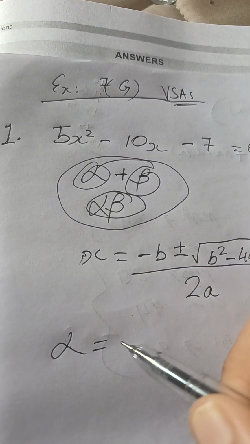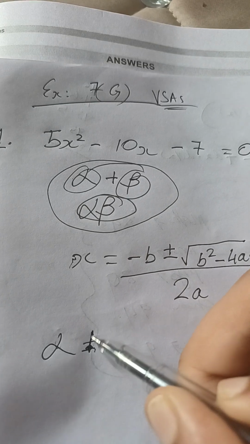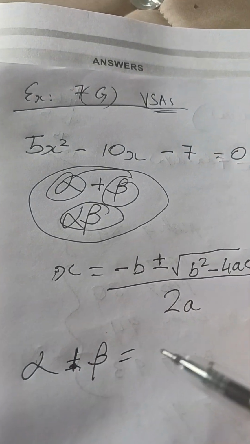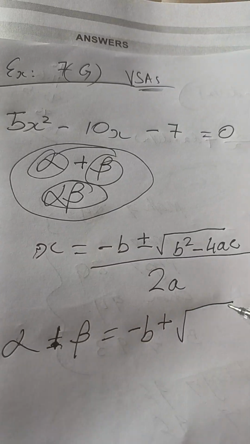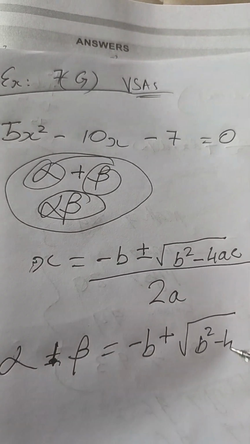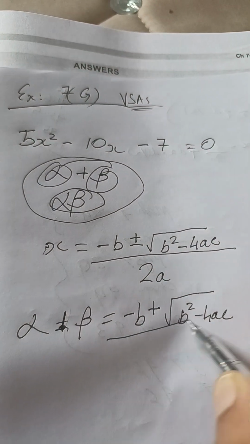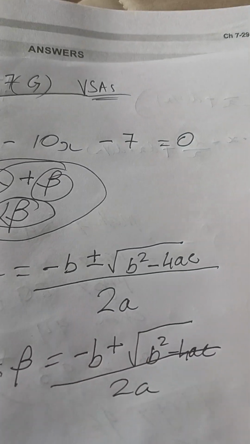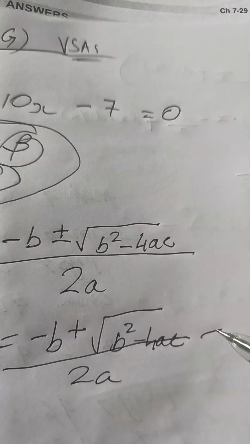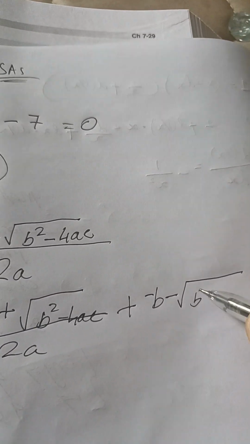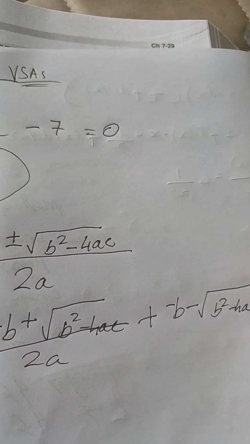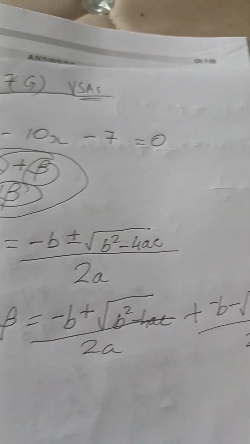but minus. So alpha plus beta would actually just be minus b plus root over b squared minus 4ac whole over 2a, and then we can add minus b minus root over b squared minus 4ac whole over 2a.